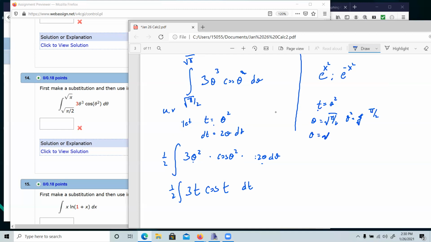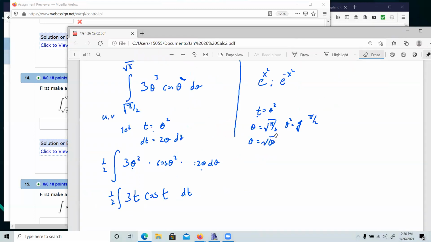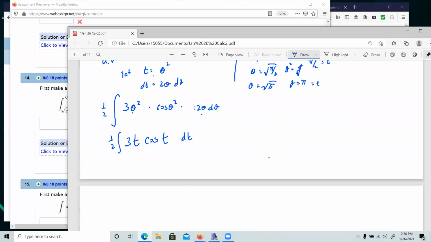If theta is equal to the square root of pi, then theta squared is equal to pi, and that's equal to t. So our integral is going to turn into one from pi over 2 to pi.